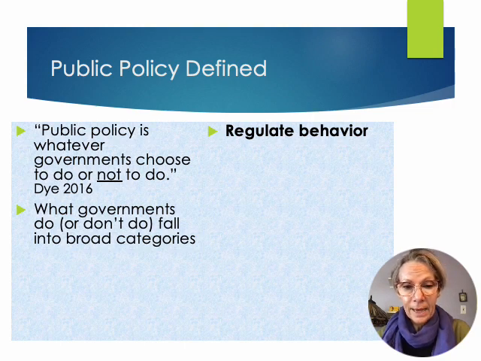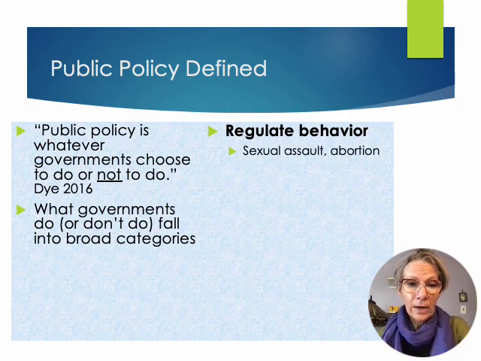It's basically passing laws or policies that tell people that if you engage in this behavior, you're going to get in trouble. It's a crime. But also doing nothing: we didn't pass any public policy, so go ahead and engage in that behavior, and nothing bad will happen to you. And a good example would be two gender examples about regulating behavior: sexual assault, right?